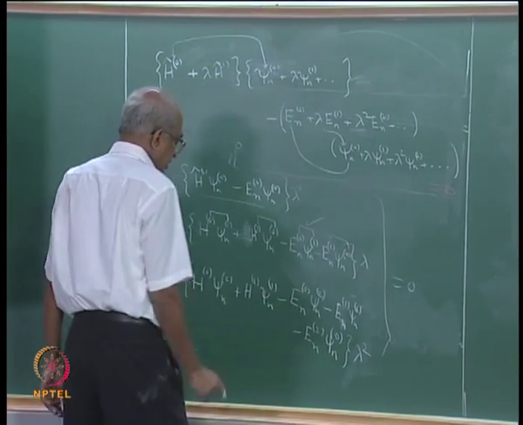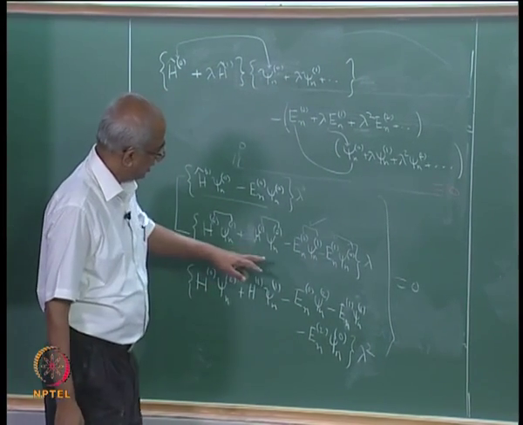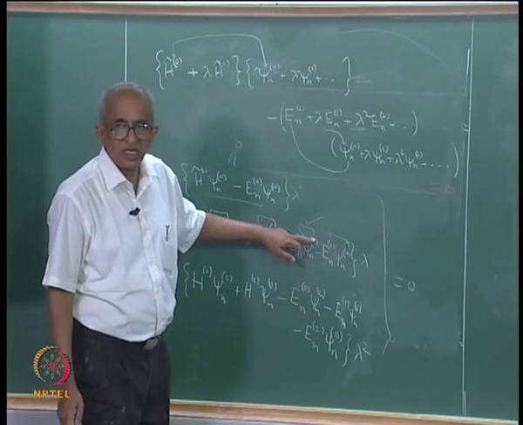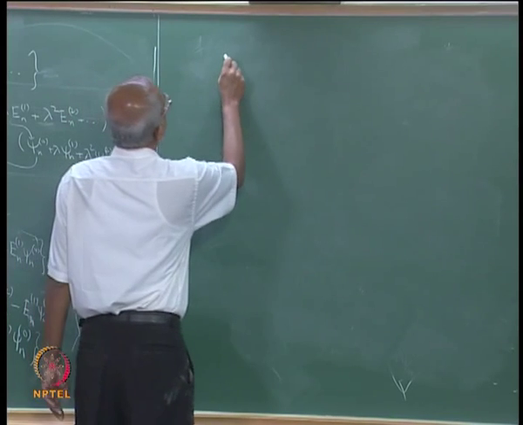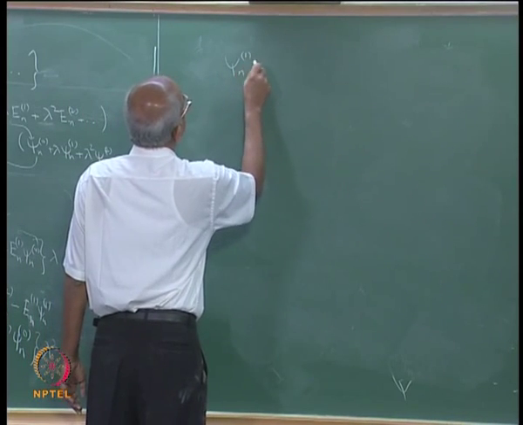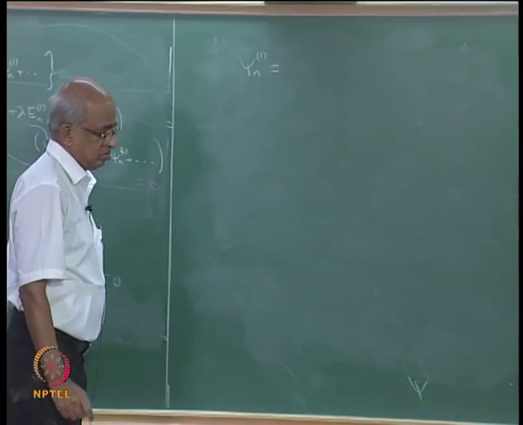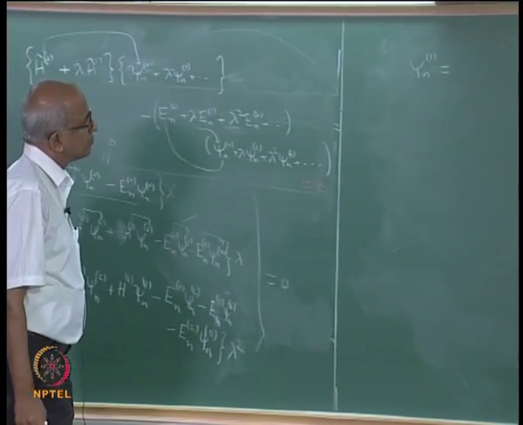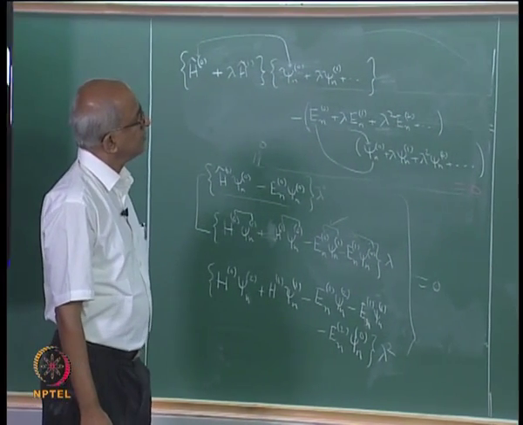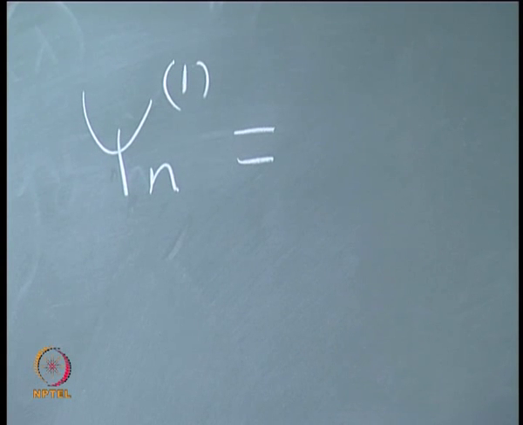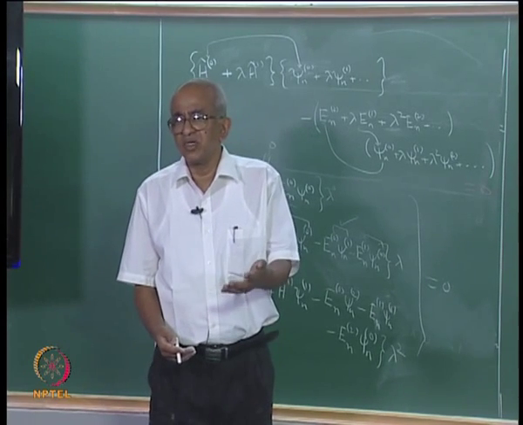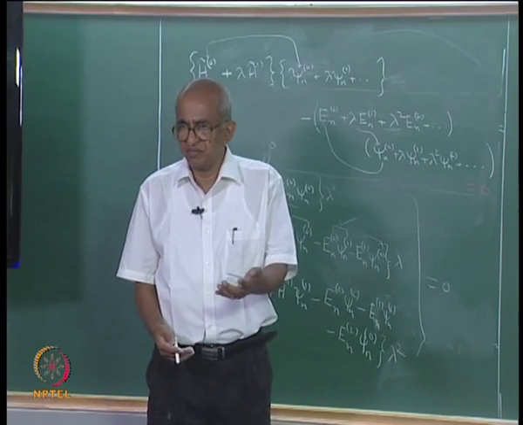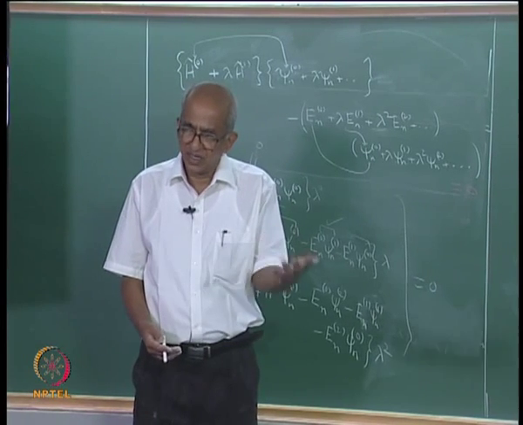I want to calculate psi n1, that is my aim now. So, how will I calculate psi n1? This is an unknown function, I want to determine it, but I know that the solutions of the Schrodinger equation for the unperturbed problem can be solved, and I can find the eigenfunctions.